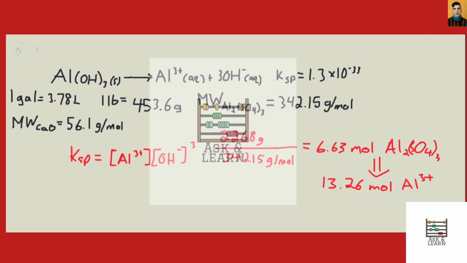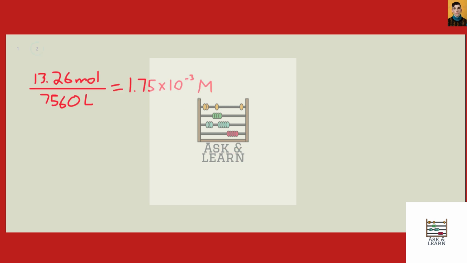And so we can actually manipulate this equation. We can rewrite this as the cube root of Ksp over Al3+ is equal to the hydroxide concentration.